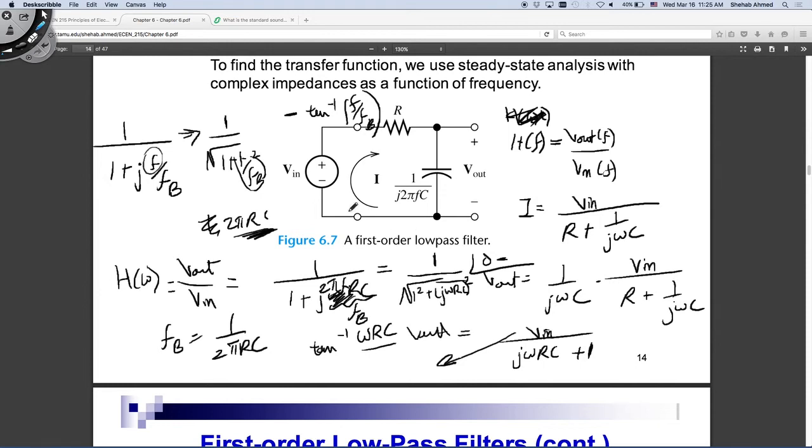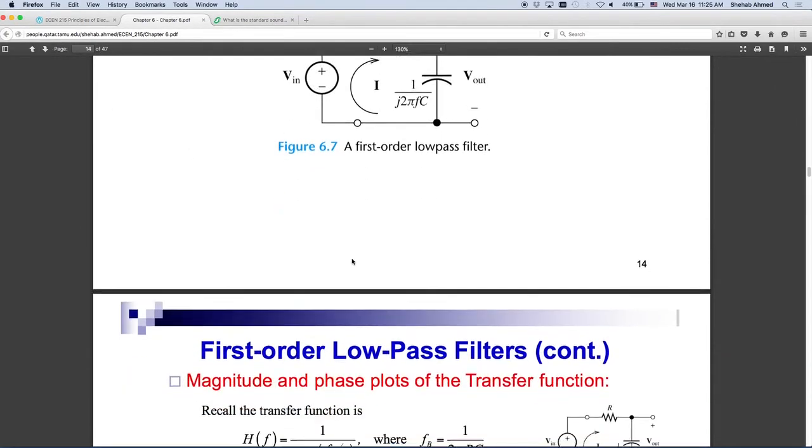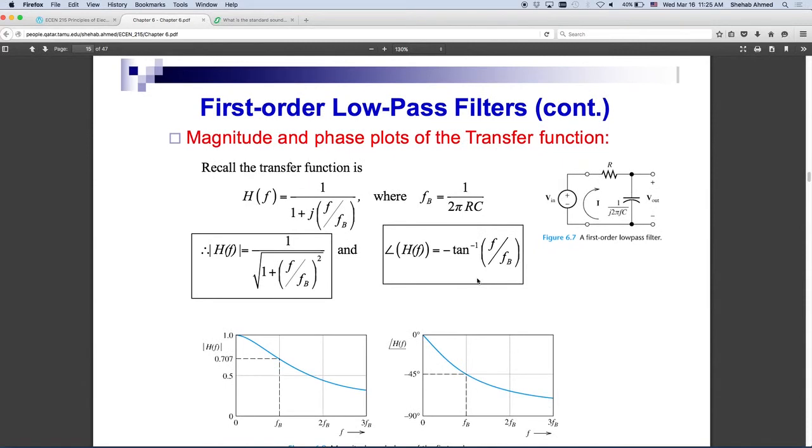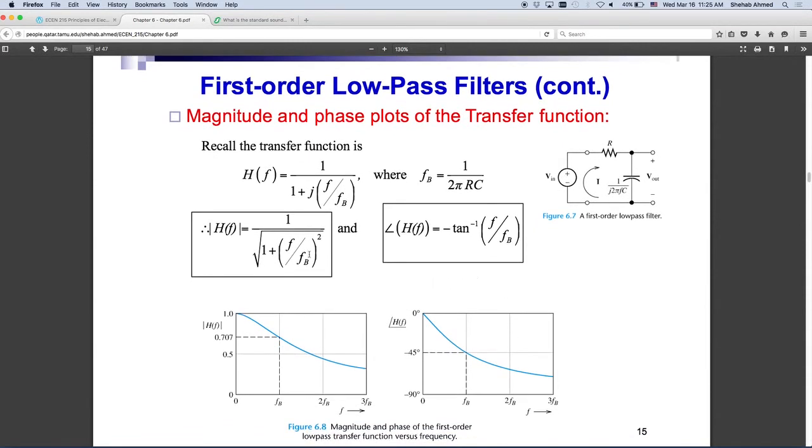So we've come up with now the magnitude and the angle of this transfer function. You don't need to know the derivation, right? But I didn't want to go to the next slide where we show the magnitude and angle without showing you the proof. Okay, so the magnitude is 1 over the square root of F over, yes ma'am.